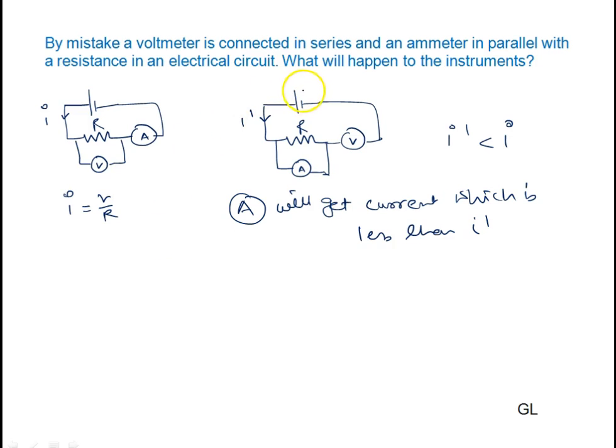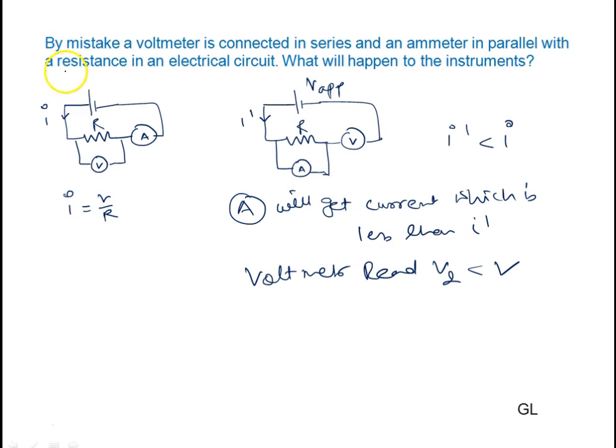Similarly, if the applied voltage is V applied, then this will further divide across the voltmeter and across the combination of R and A. So the voltmeter reading, suppose V2, will also be less than V. Okay, so what you will say in this situation, the current through the ammeter and the potential difference across the voltmeter are both less than in the earlier situation.